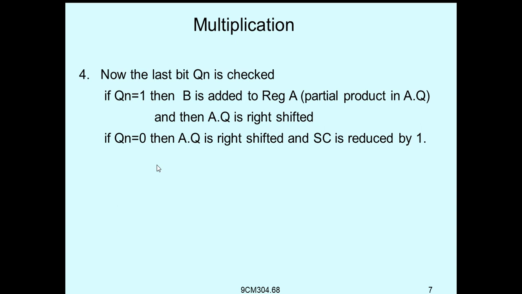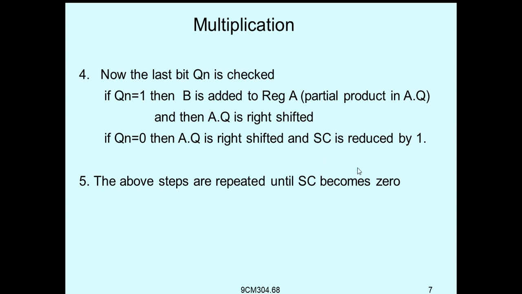If Qn equal to 0, then AQ is right shifted simply, and then SC is reduced by 1. So once Qn is 0, we can simply shift the AQ towards right, and then decrement the sequential counter by 1.